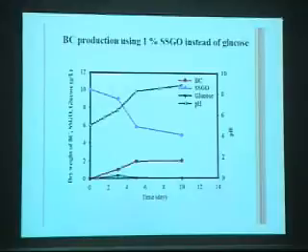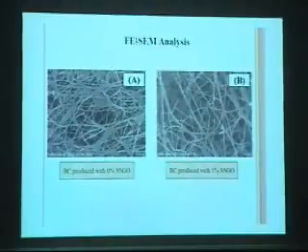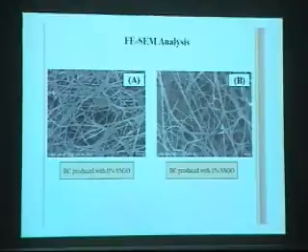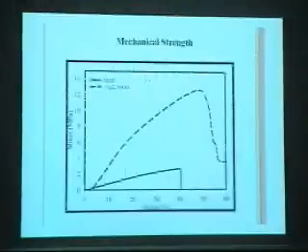Further, we investigated its physicochemical properties. So the SEM images of the BC produced without SSGO and with SSGO showed that the fiber thickness of the BC produced with the addition of SSGO was slightly more. It was a little thicker, and the thickness of the fibers resulted in better mechanical strength and water retention rate properties.